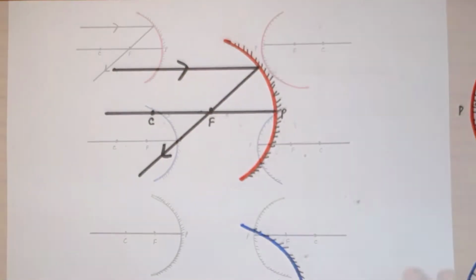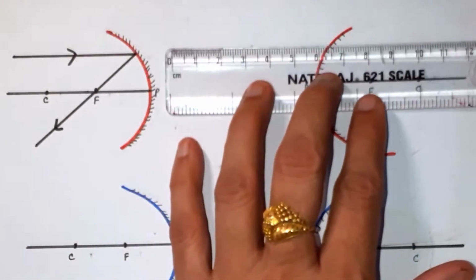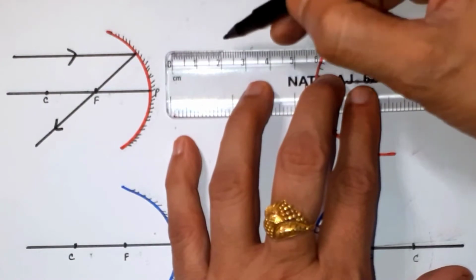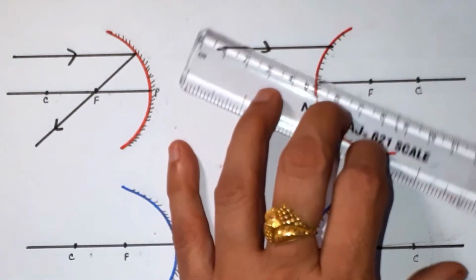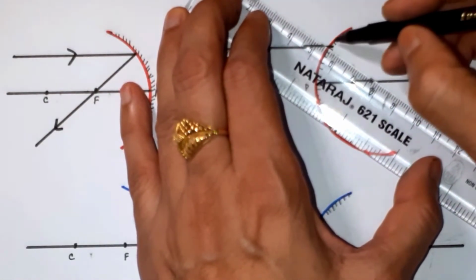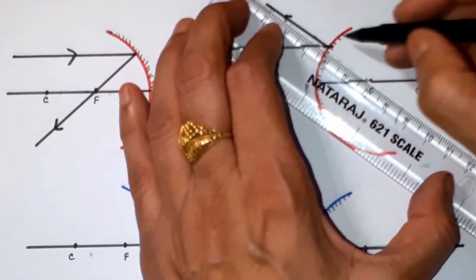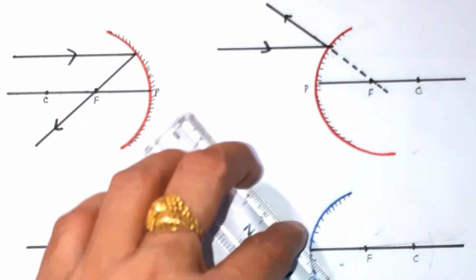Okay. Same will be the case in the convex mirror. The ray is parallel to the principal axis. Now it is reflecting back and then it is seen coming through the focus.